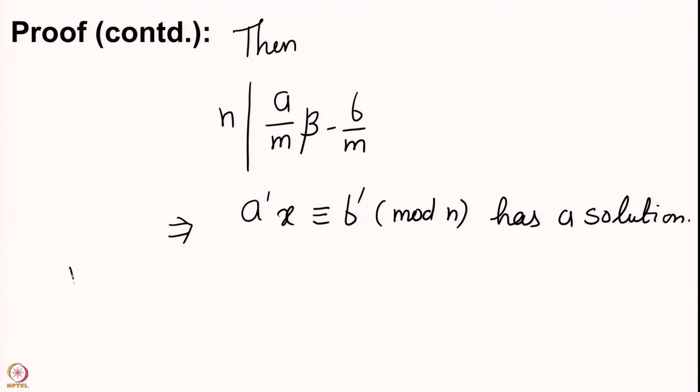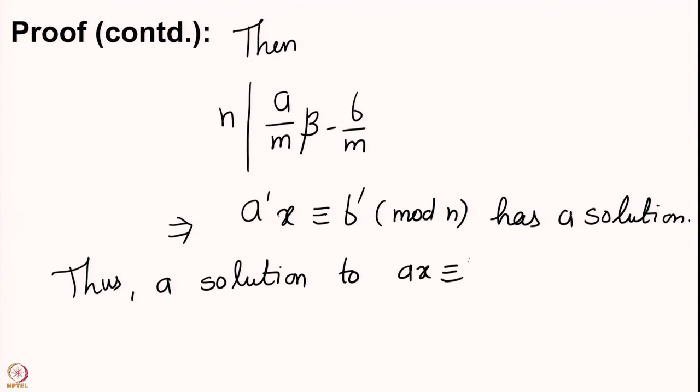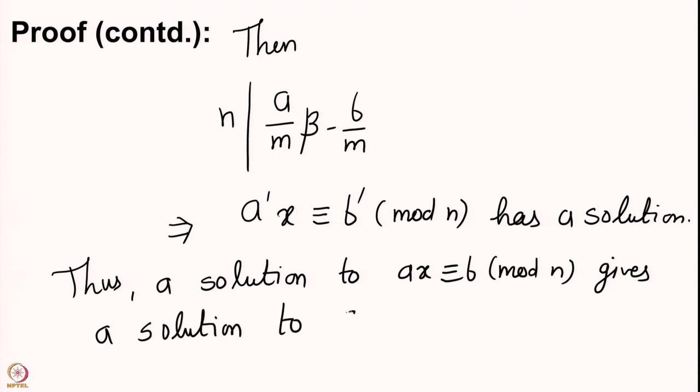So, thus a solution to the bigger equation ax congruent to b mod n gives a solution to the smaller equation, which is a prime x congruent to b prime mod n, keeping the modulus of the congruence constant. This completes the proof.